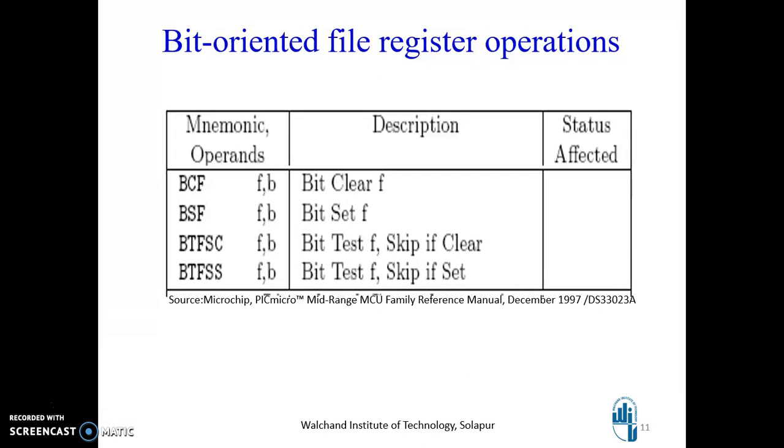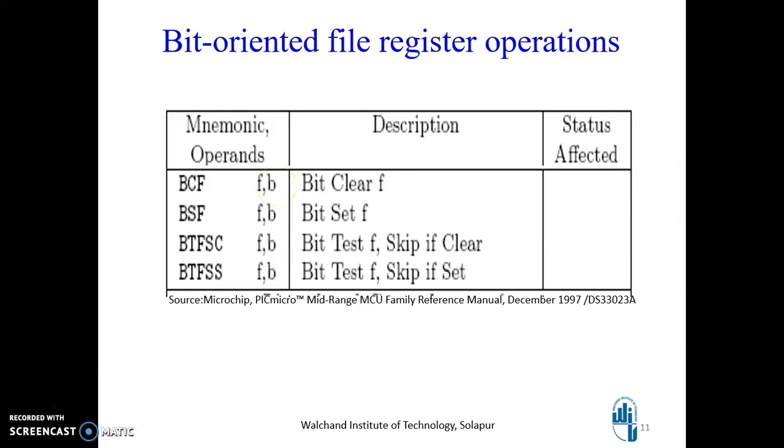Bit oriented file register operations can also be done, which means you can deal with a particular bit of a particular file register. As we have discussed, F stands for file register. So BCF F comma B, what will this instruction do? It will take file register F, and the B-th bit of that file register will be cleared.